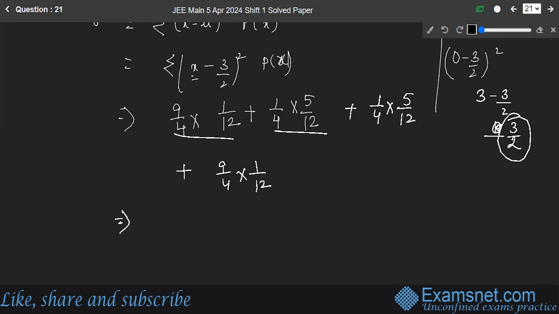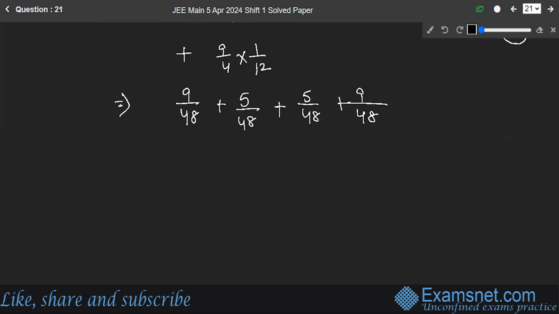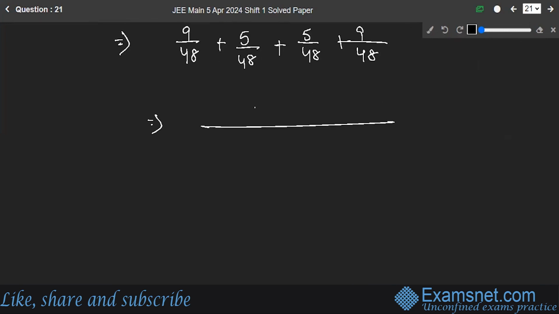Let's solve it. This is equal to 9 by 48, 5 by 48, 5 by 48, 9 by 48. Okay, here you have 9 plus 5 plus 5 plus 9, which is 28 upon 48.